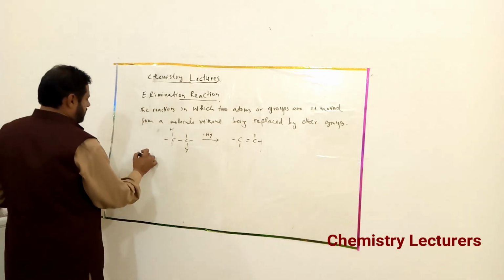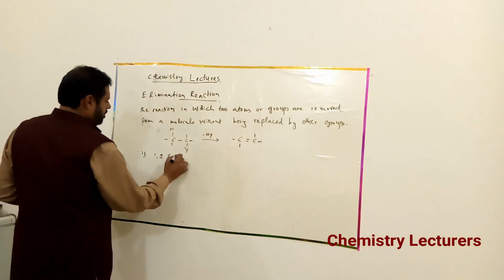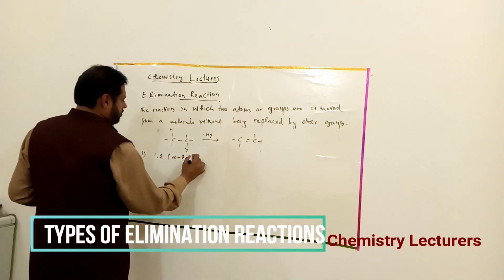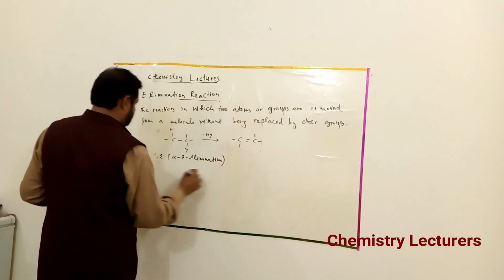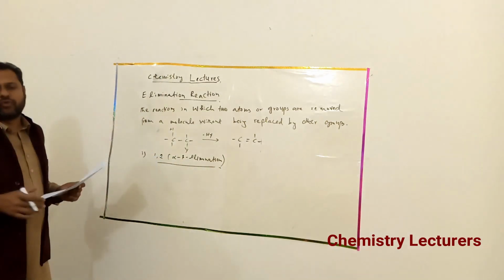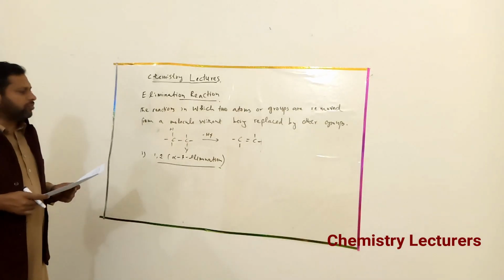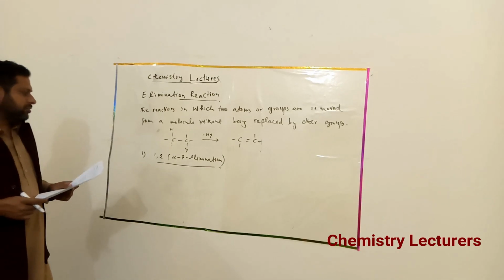The first major type of elimination reaction is called the 1, 2 or alpha beta elimination reaction. If the two groups are removed from the molecule from two adjacent carbon atoms, then this type of elimination is called 1, 2 or alpha beta elimination reaction.